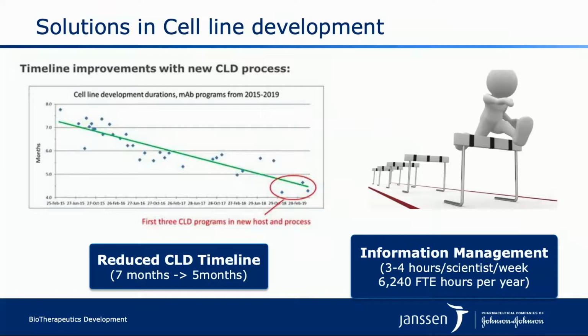And so how do we hurdle that? Those hours, I wouldn't say wasted, but spent on this kind of work, add up. When you consider we have 30 scientists in the group, that's over 6,000 FTE hours per year.